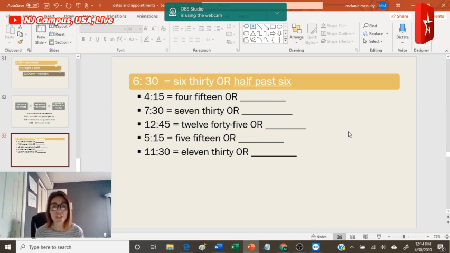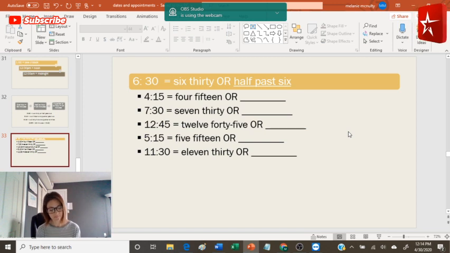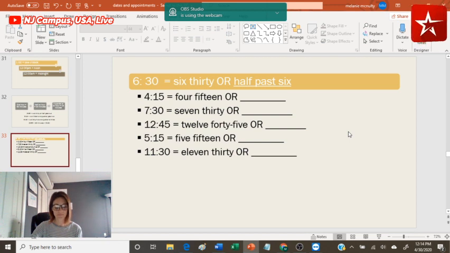How about 11:30? Eleven thirty or half past eleven. Good.